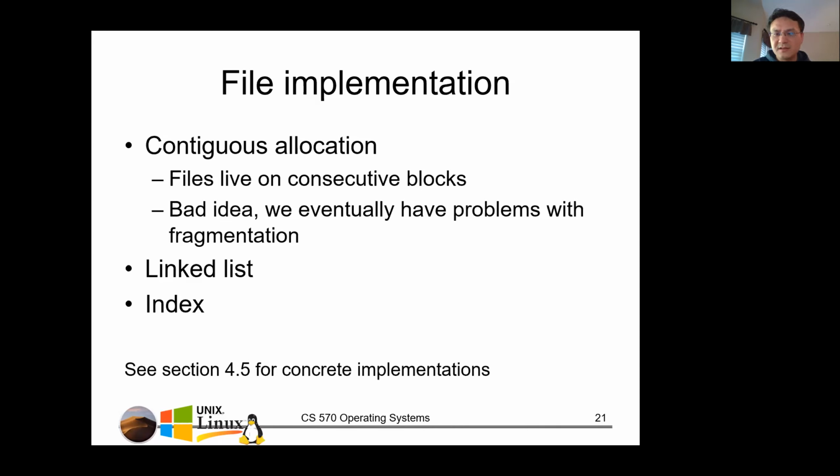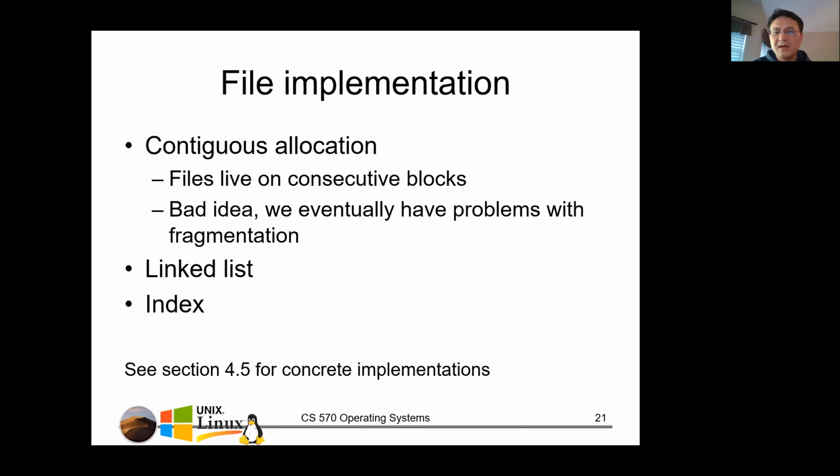Now while this contiguous allocation can give you probably the optimal efficiency in sequential and direct access, it is a bad idea because external fragmentation will eventually make the disk unusable, right? It's similar to memory allocation.